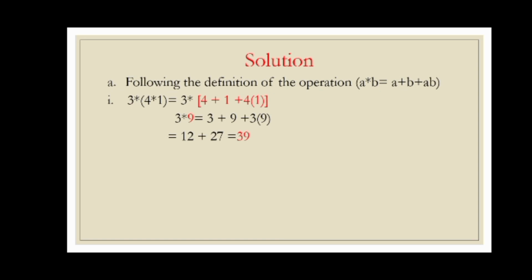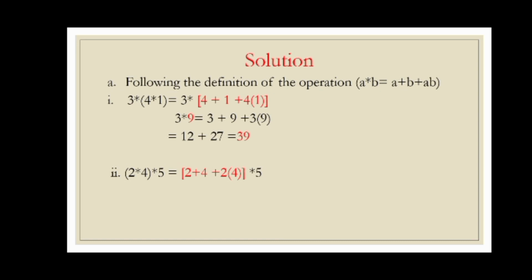Good. Now let's move to our next solution: 2 star 4 into bracket, then outside of it we have star 5. We said solve the bracket first, right? So 2 star 4. Now our 2 becomes our A, our 4 becomes our B. Put it into the first definition, A star B is equal to A plus B plus AB.